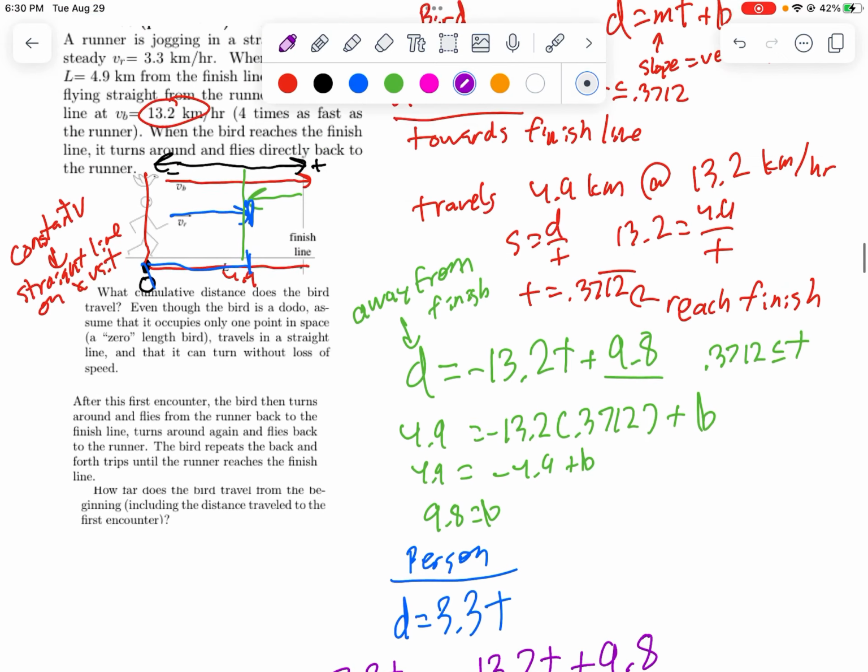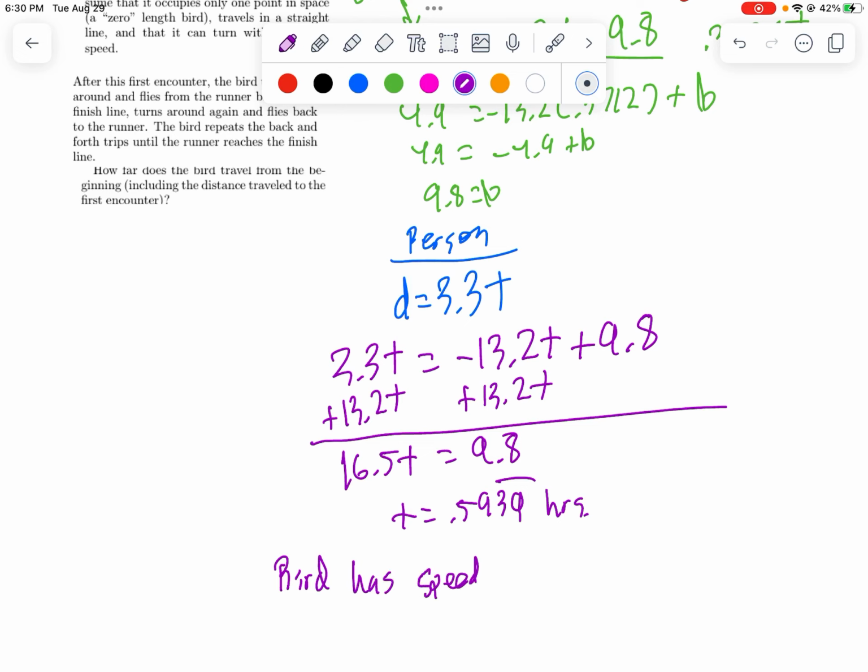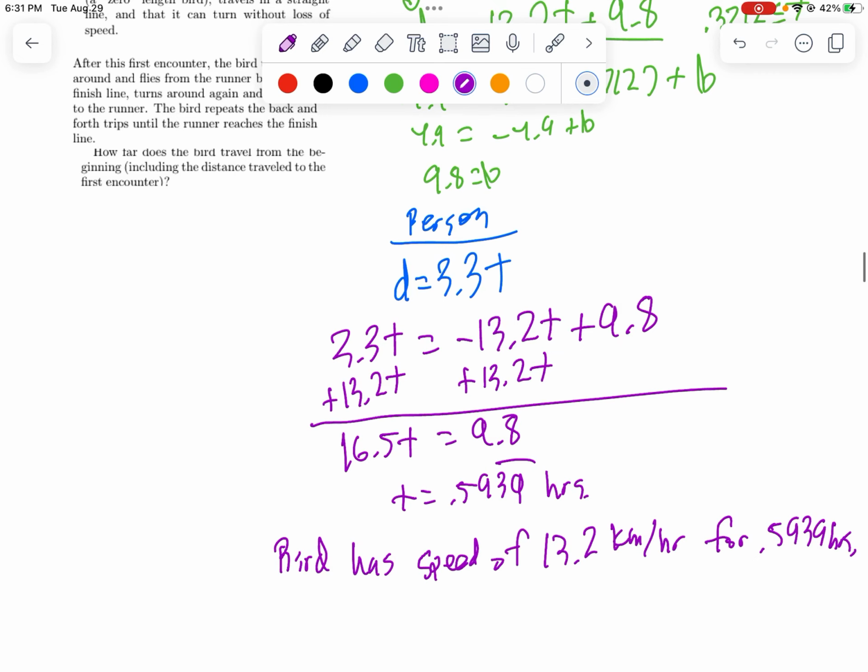Cool. So all that work, but our end goal is to find the distance that the bird travels, right? The cumulative distance the bird travels. Okay. So the bird has a speed of 13.2 kilometers per hour, and it does that for 0.5939 hours. So speed equals distance divided by time.